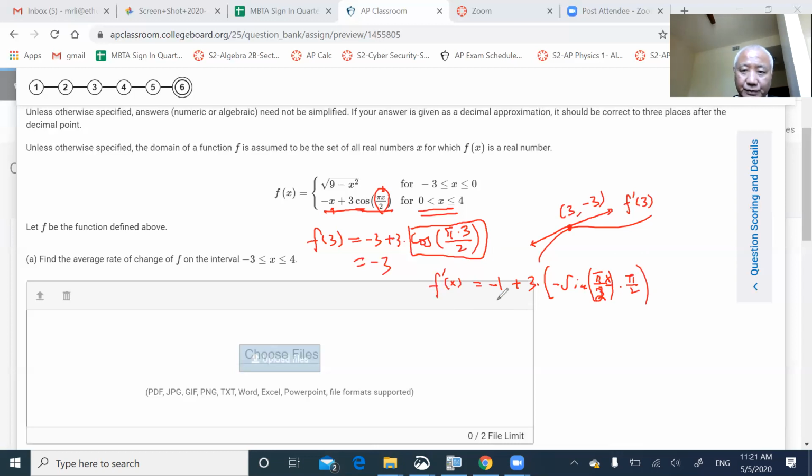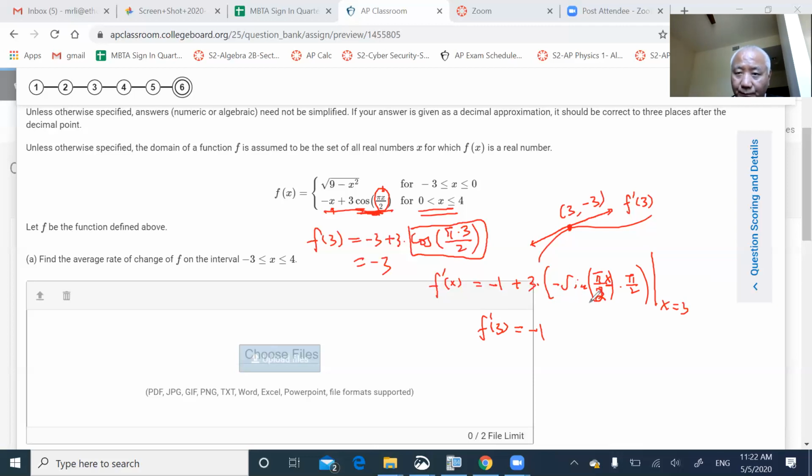So the derivative of this one is plus 3 times negative sine, and then the derivative inside with respect to x is pi over 2. And then you're going to plug in x equals 3, right? So f'(3) will equal, this is -1.